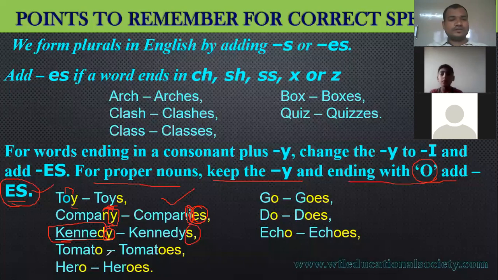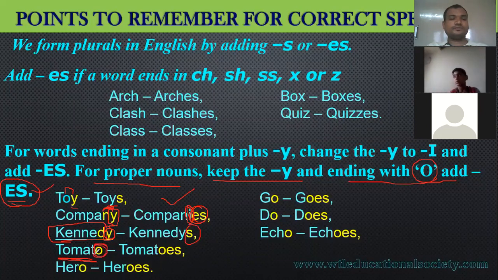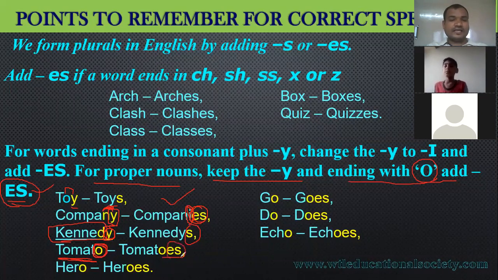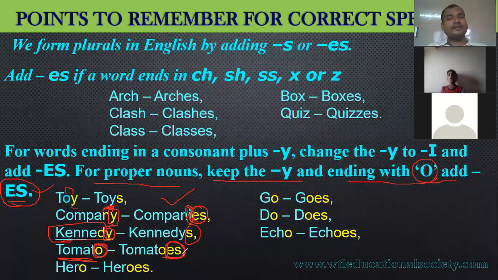Now, the same rule you can observe here. Tomato. The word ending is O. In that case, you need to add ES to make the plural, so we are adding ES to the base word.